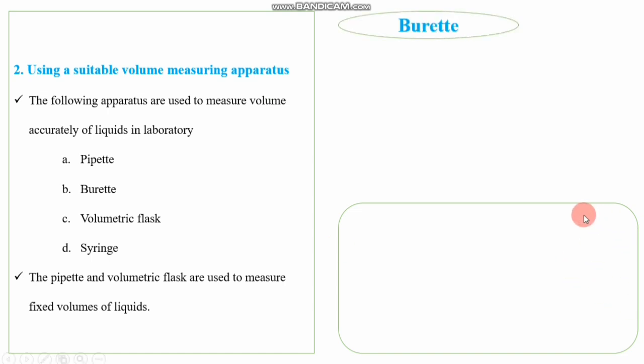So let us look briefly at the burette. This is the picture of the burette. The burette has a 0 mark at the top and the maximum point, which is 50 cubic centimeters, at the bottom. It has an opener where the desired liquid is released, and you can close it after you have titrated the desired liquid.